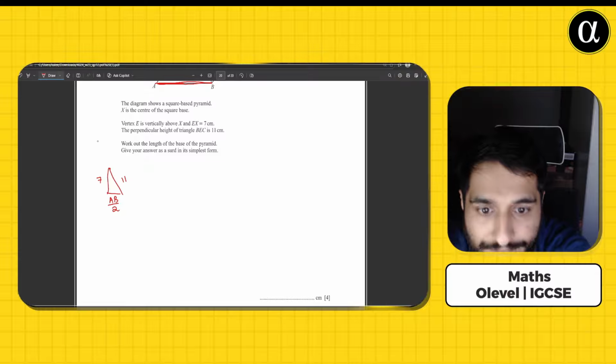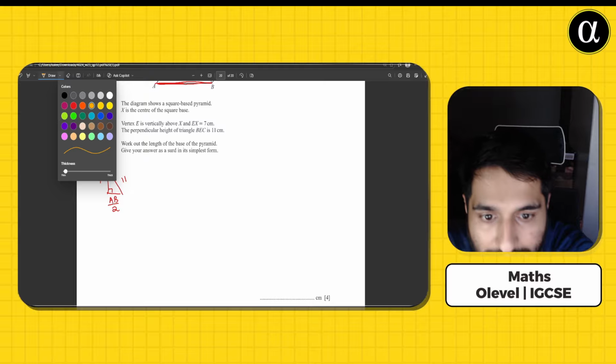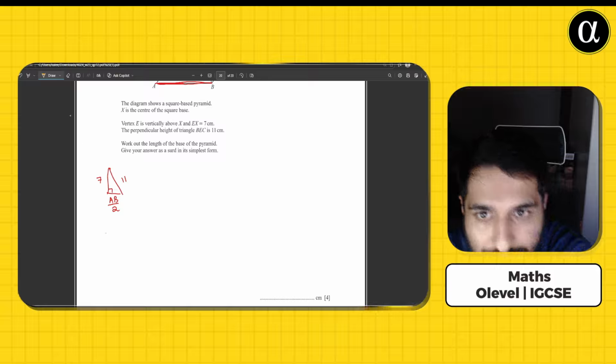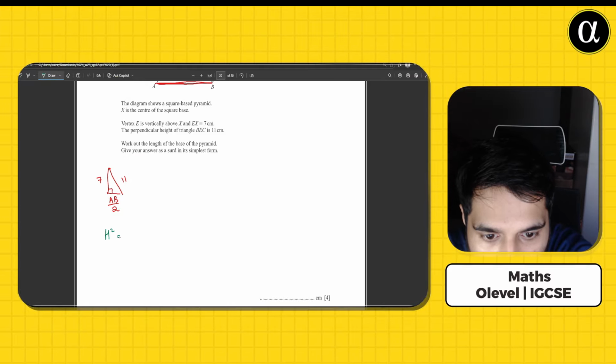Now, since this turns out to be a right angle triangle where AB is unknown, we can say h squared is equal to p squared plus b squared, where the value of h is 11. So 11 squared is equal to 7 squared plus (AB over 2) whole squared.